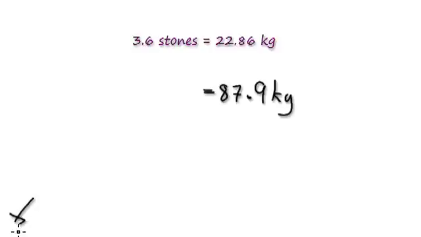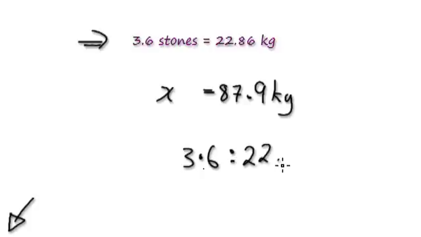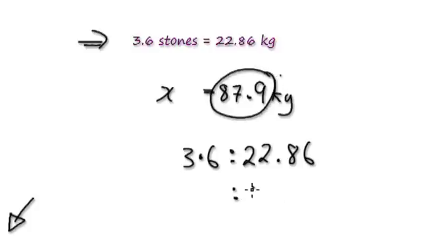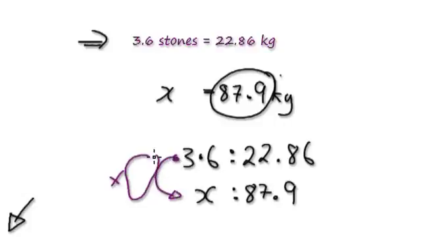Press pause and have a go. To work this out, let's start with this and summarize it. 3.6, and then here you've got 22.86. You've been given 87.9, and you've got to work out x. Ultimately you want to start here and then jump into the x. You need a multiplier.